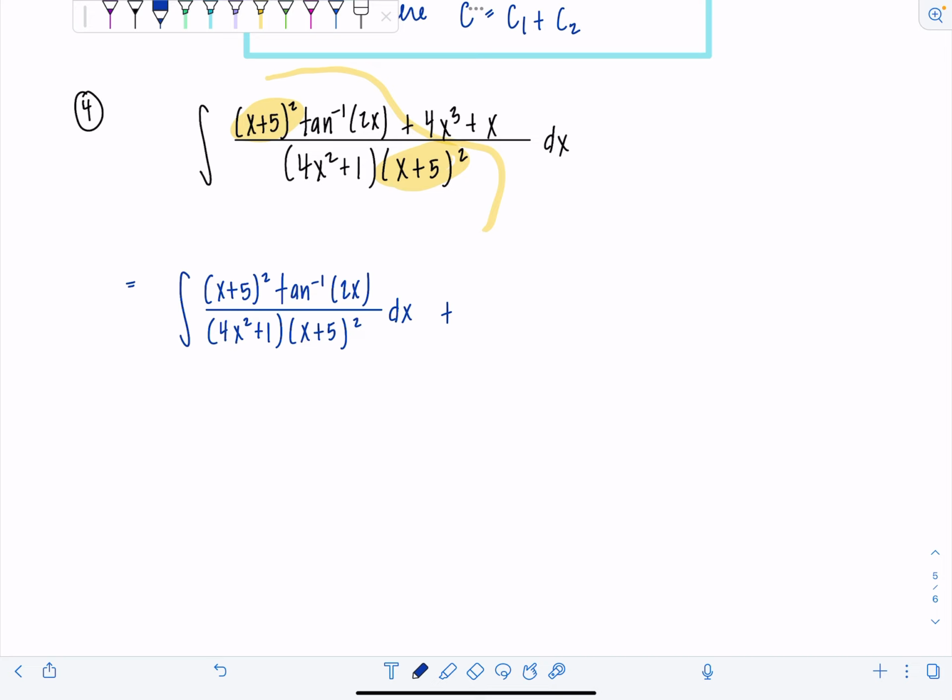Plus the second integral, which has 4x cubed plus x in the numerator over 4x squared plus 1 times x plus 5 squared, dx.